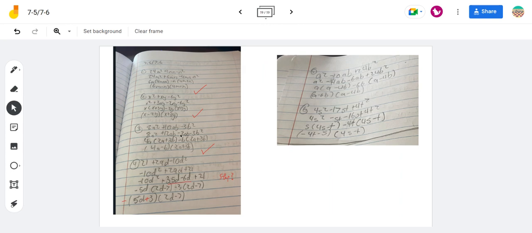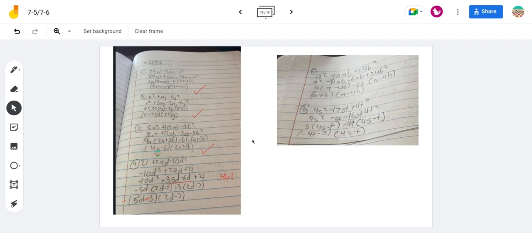Okay, so question number 4, right? How do you figure out this 35 minus 6? Are you using a calculator, or do you have another sketch? Oh, okay, never mind.